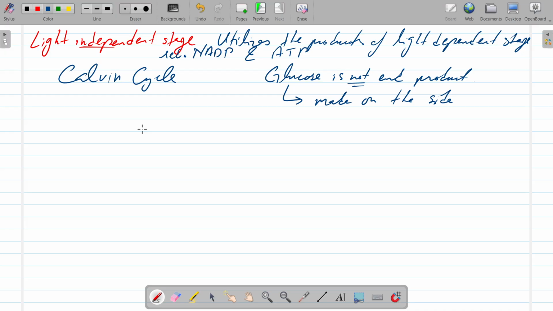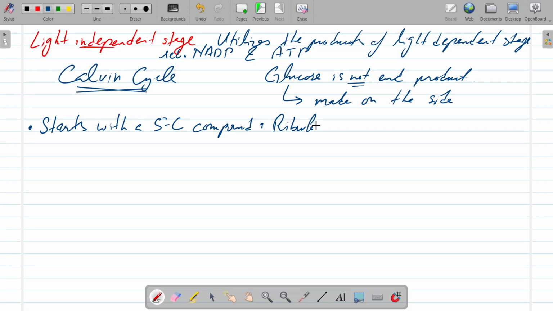Okay, so the Calvin cycle starts off with a 5-carbon compound called ribulose bisphosphate. So if I just write that down in points: Calvin cycle starts with a 5-carbon compound, which is called ribulose bisphosphate.